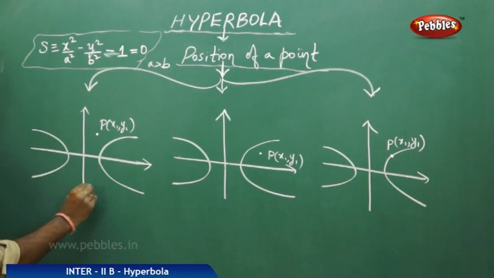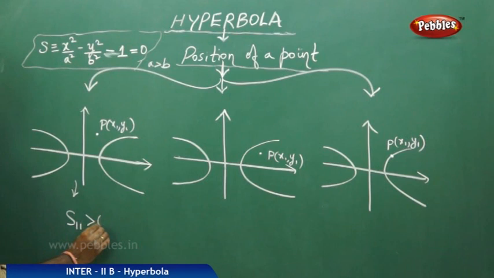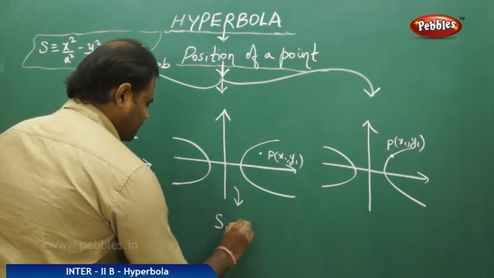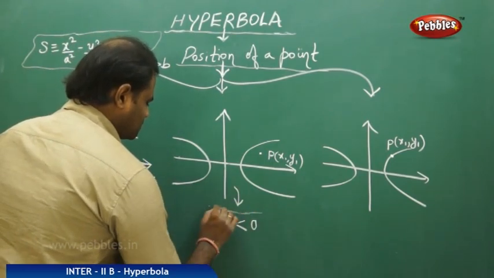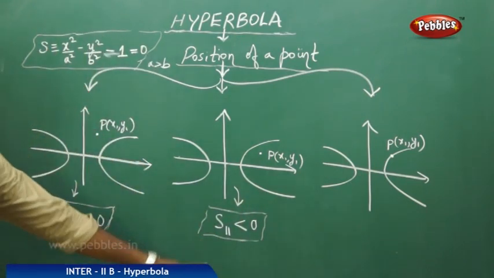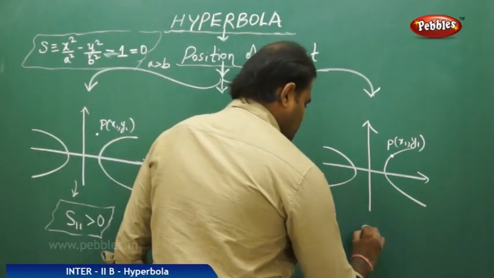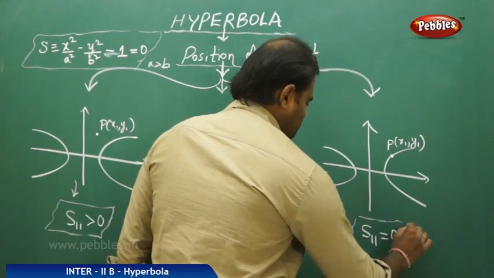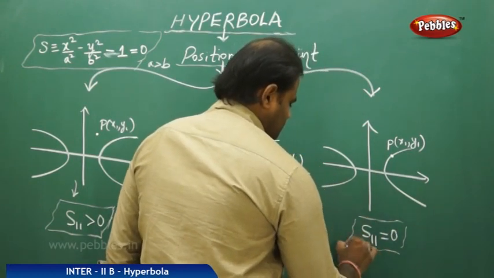In case 1, we say that P is outside if S11 is greater than 0. Now P is inside, then we say S11 is less than 0. Now in case 3, P is on the hyperbola, so I have S11 equals 0.